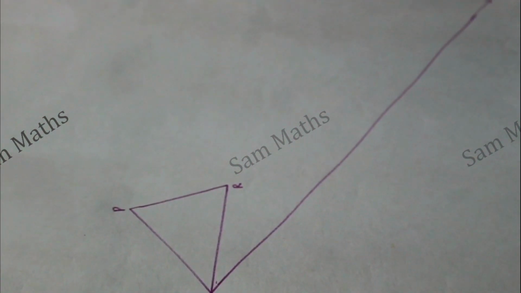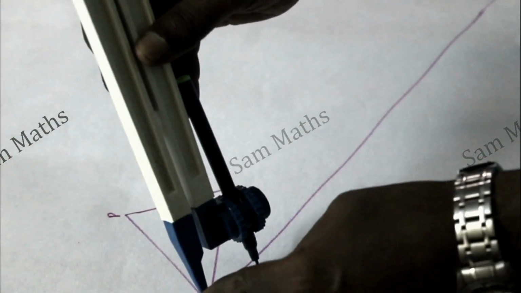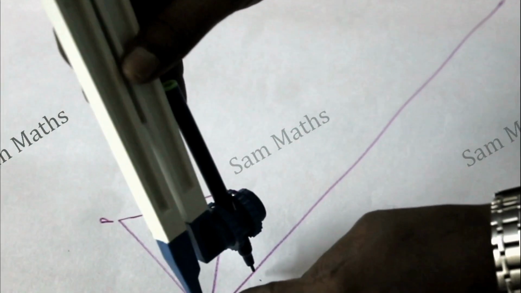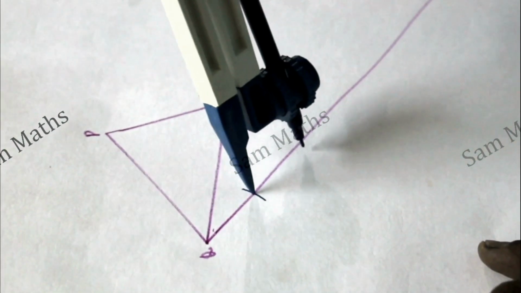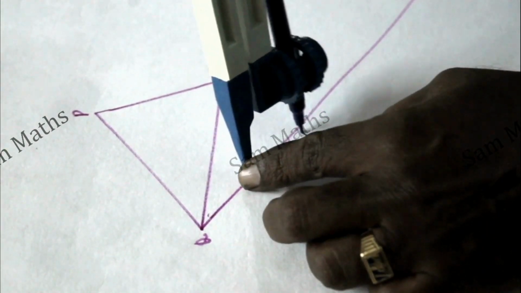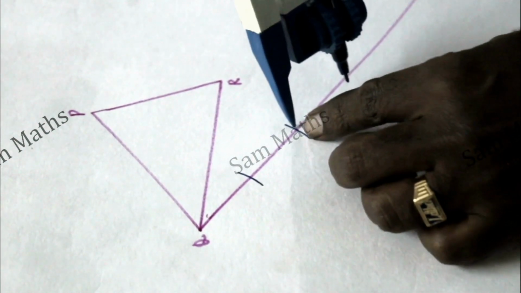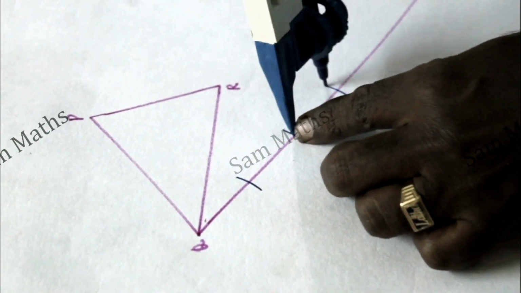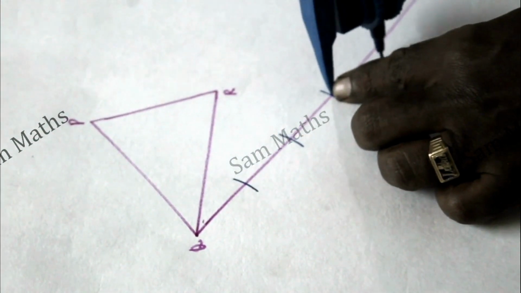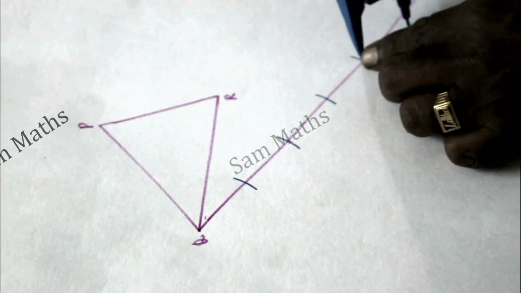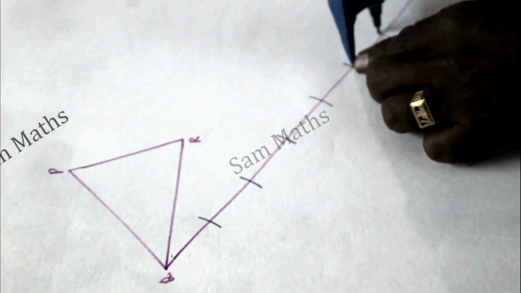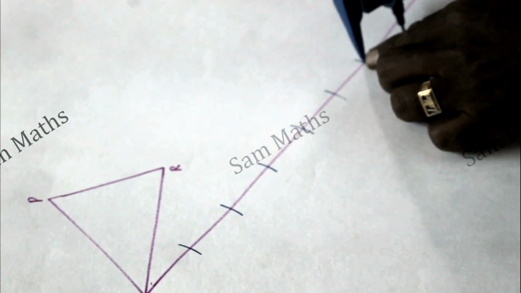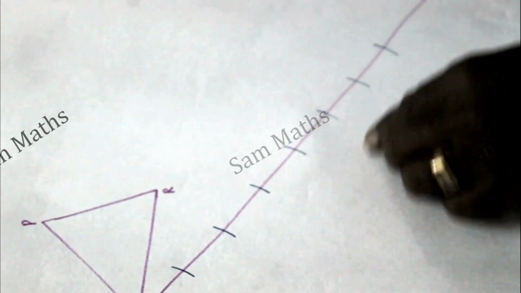Now I am going to take Q as center. With any radius you cut the arc. Now I am going for the second arc from the first arc, intersection of the, now third arc, fourth one, like that you have to continue this for cutting 7 arcs.